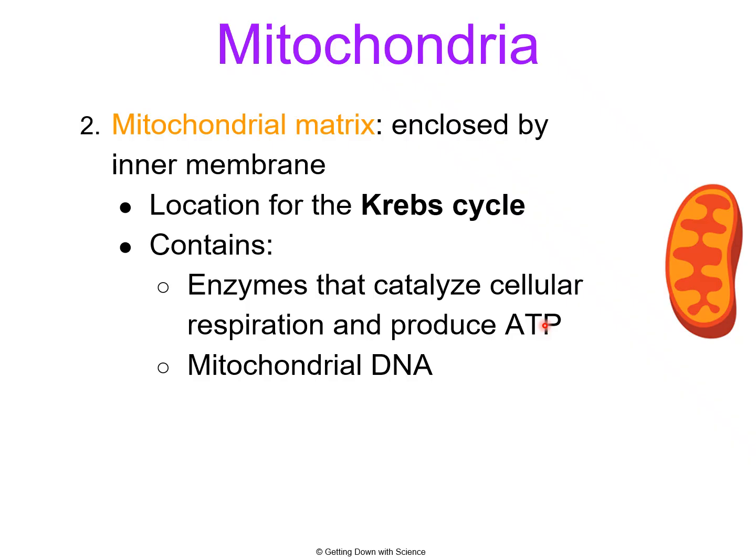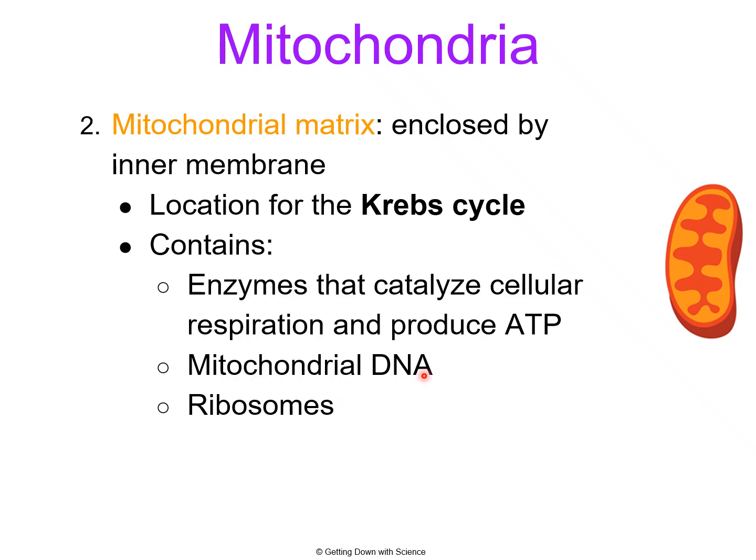I'm about to state two very important things. In this mitochondrial matrix is where the mitochondrial DNA is housed, and also that is where the mitochondrial ribosomes are housed. And remember, we discussed the endosymbiont theory.